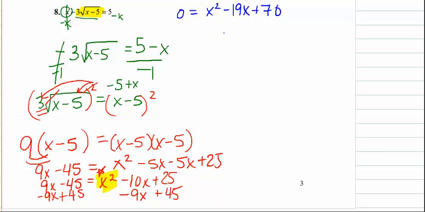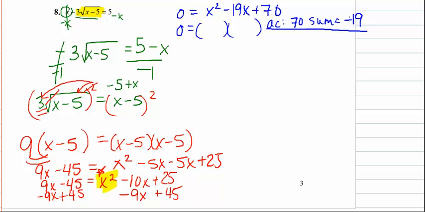So at this point, we need to factor this using the AC method. So AC, the A number times the C number, is positive 70, and then I want my sum equal to the middle B number, negative 19. So if we try to list factors of positive 70, we have 1 times 70, 2 times 35. 3 doesn't go into it, 4 doesn't, but 5 does.